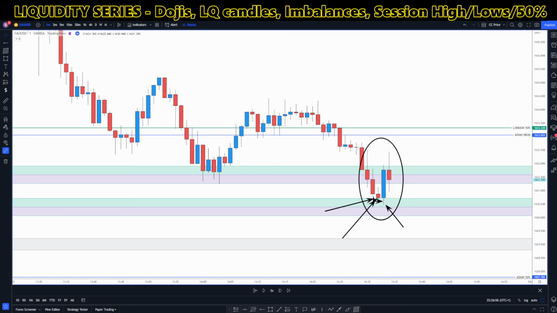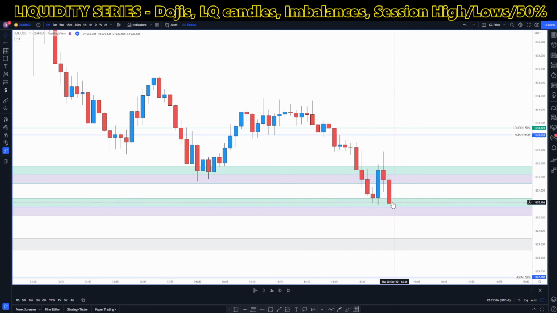So let's play it forward, because it's in our point of interest. Now we're looking at this 1 minute. Price comes down, and see how it wicks down 50% of here. So this is the zone. This is your wick.